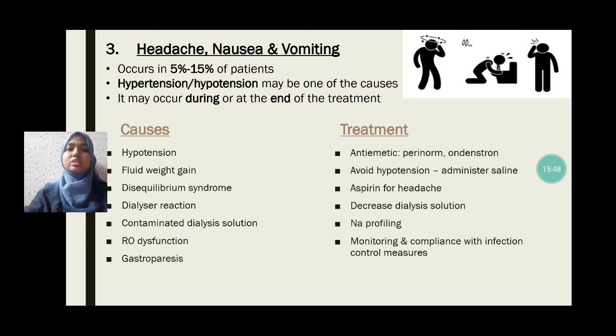Change the dialysis solution if the solution is contaminated, and monitor and complain for infection controls if the RO is not working properly. And if there is a dialyzer reaction, then the dialyzer and the blood tube will be pre-filled with the sterilant which is used.